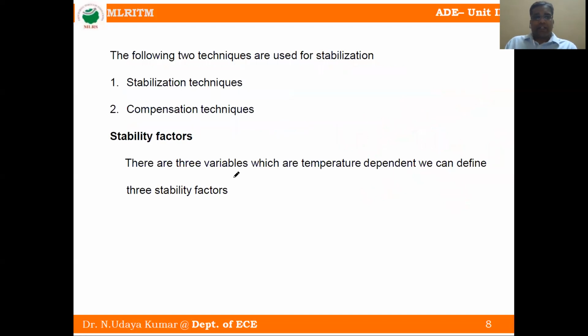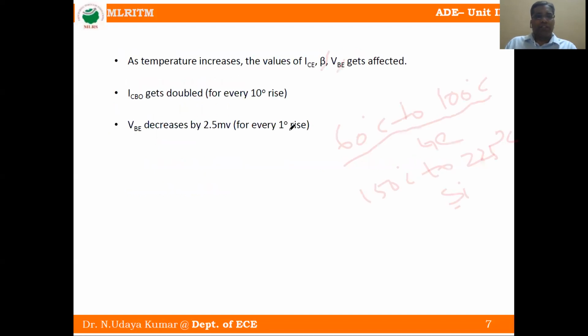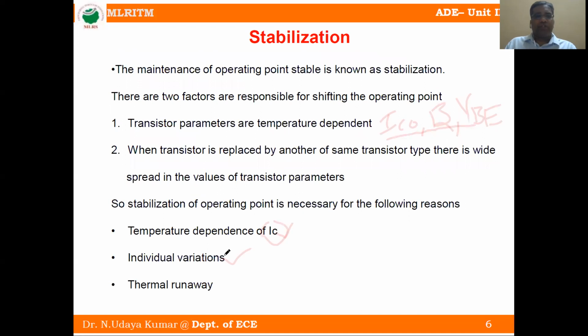Okay. So the following two techniques are for stabilization. These are the disadvantages, and these techniques are used to minimize the above errors: thermal runaway, temperature dependency of IC, and the third one, individual variations.